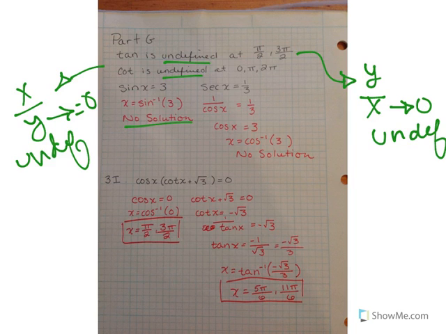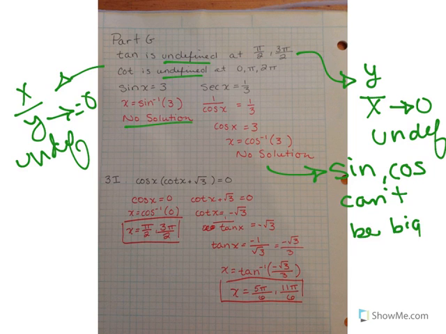And then this one down here, I'm just putting out the two that were no solution. There were two other answers here that did have solutions. Basically, something that you should realize here is that sine and cosine can't be bigger than 1.